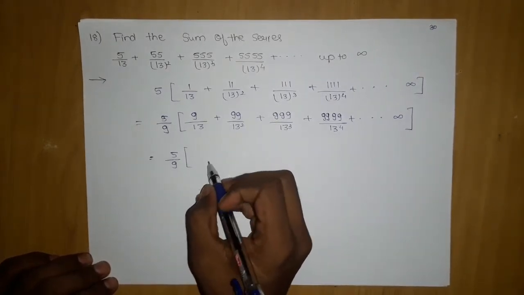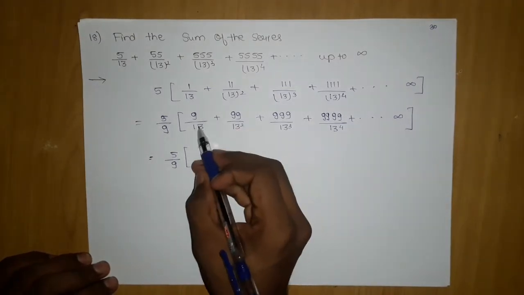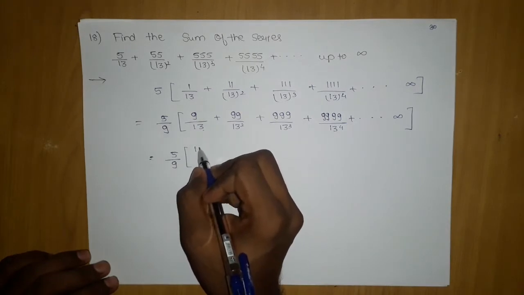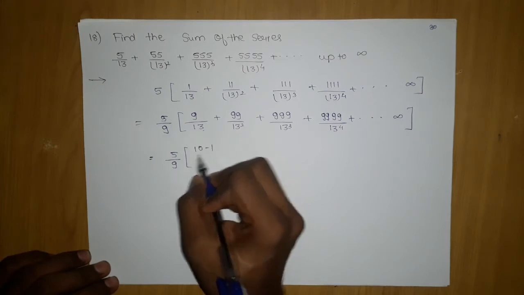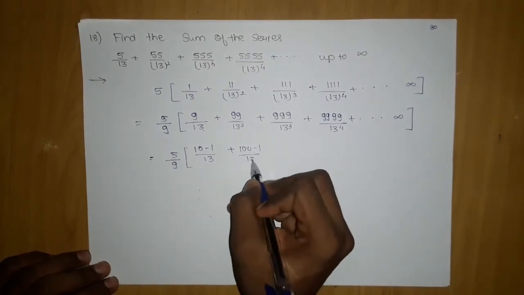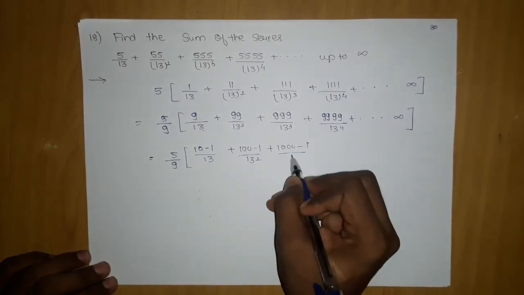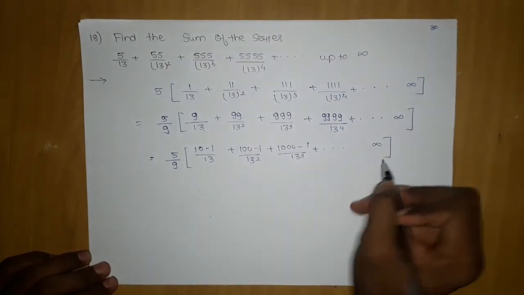What we can do is write this 9 as 10 minus 1 by 13. We can write this as 100 minus 1 by 13 square. We can write this as 1000 minus 1 upon 13 cube, and so on till infinity.